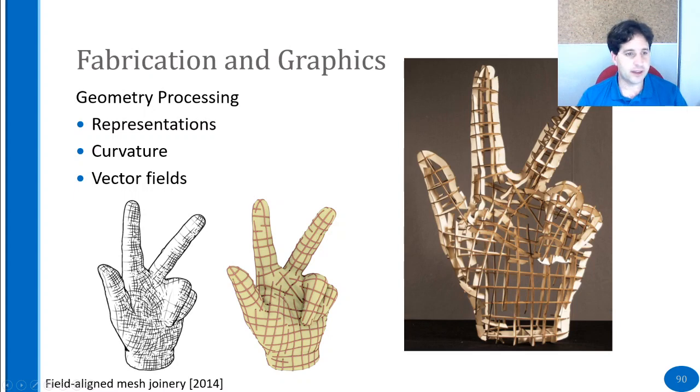So we know that here, for example, in the finger, there are two principal directions. One is along the finger, and the other one is along the tubular radius of the cylinder that constitutes our finger. And then once we have these directions at every point on the shape, a vector field is designed to match these directions as well as possible.